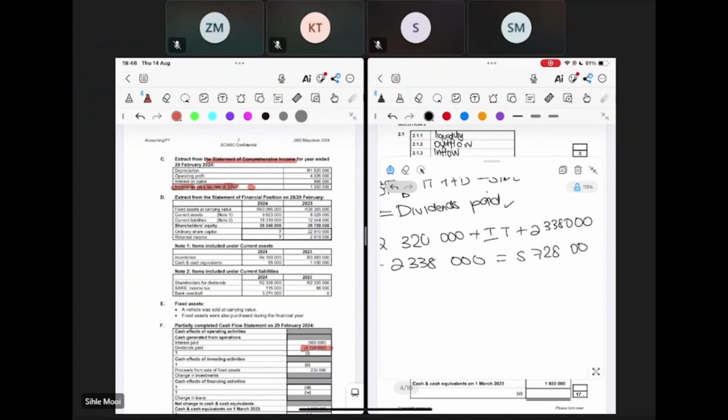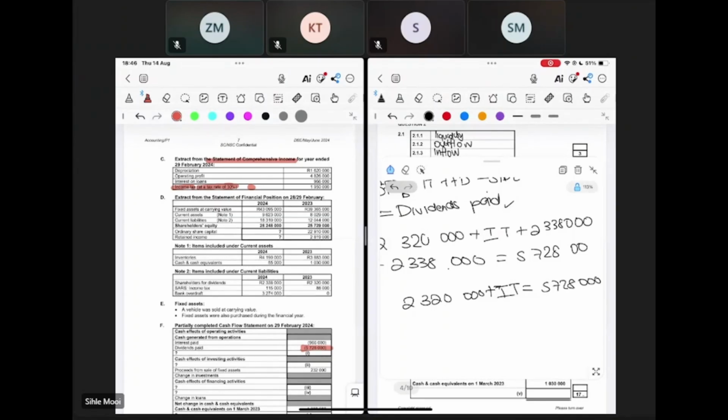So this minus this will give us 0. So we have 2,320,000 plus our interim dividends equals 5,728,000, and we just take this to the other side.